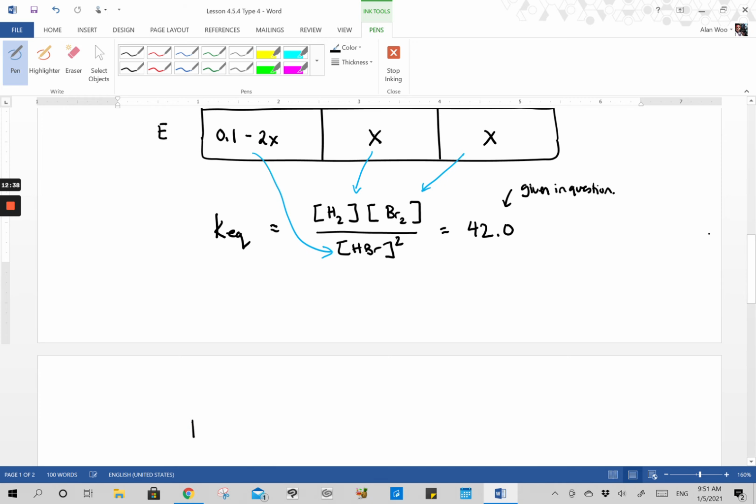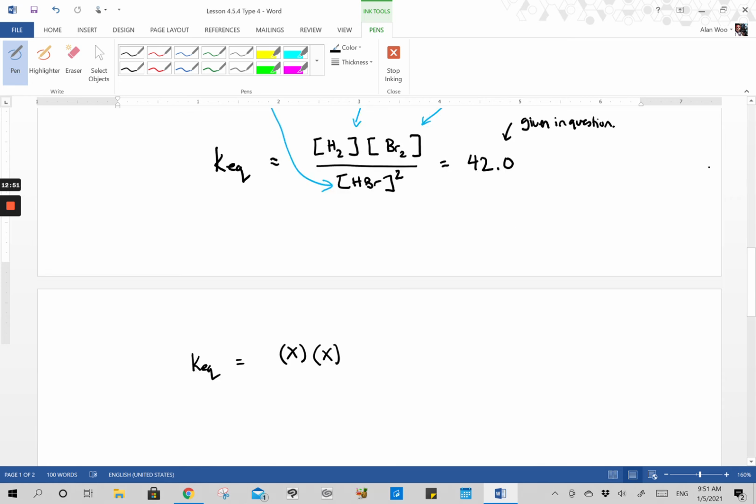So it'll be KEQ equals x times x over (0.1 minus 2x), and don't forget the square, because that was in our original expression, and the whole thing is set equal to 42.0.